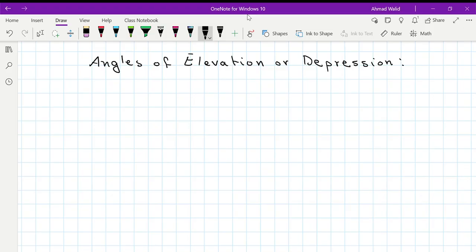First, let's understand what the angle of elevation is and what the angle of depression is. Correct?